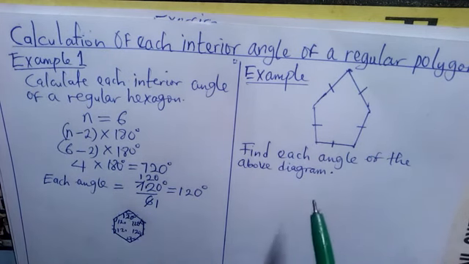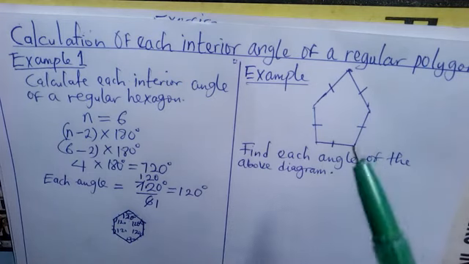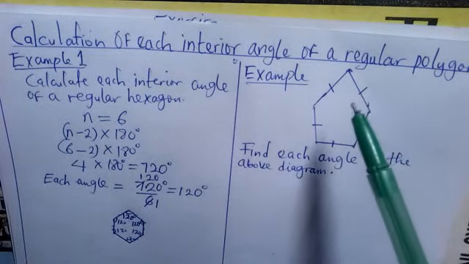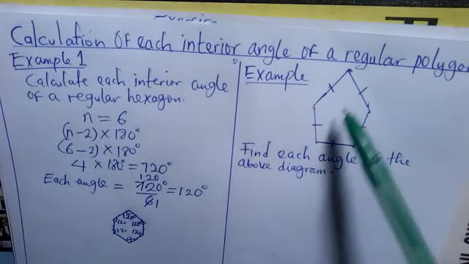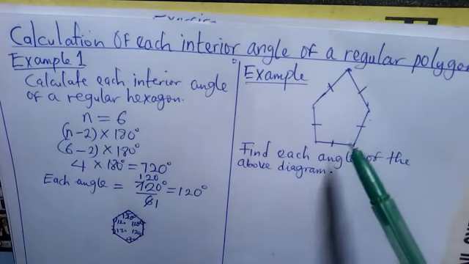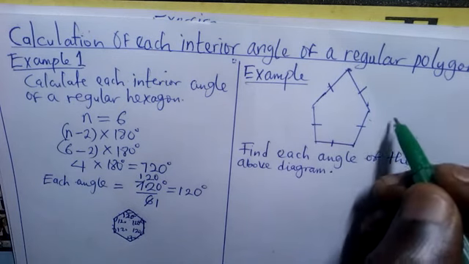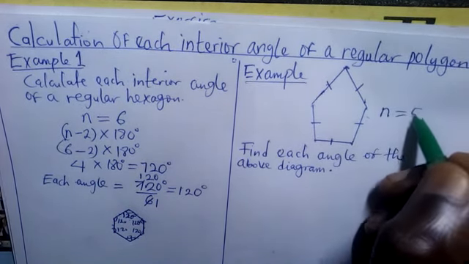Let's go to the second example, which is find each angle of the above diagram. If you look at this diagram very well, you know it by counting the number of sides. Let's count it: 1, 2, 3, 4, 5, and that is pentagon, because pentagon has 5 sides. So you need to write the number of sides equals 5.